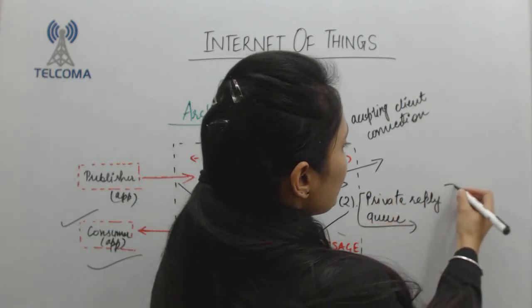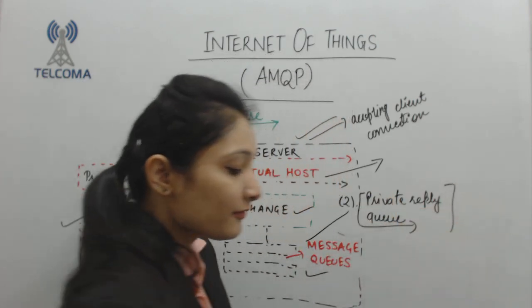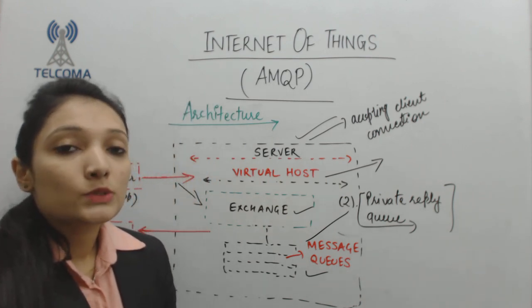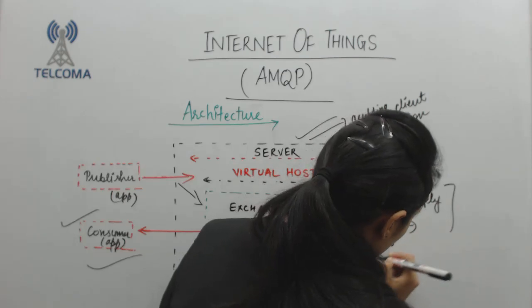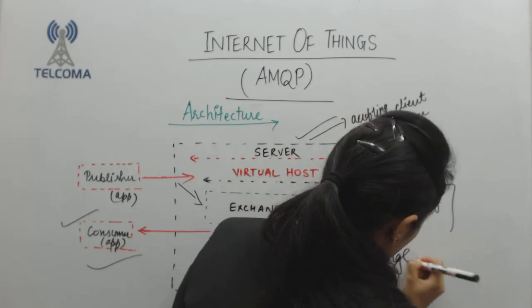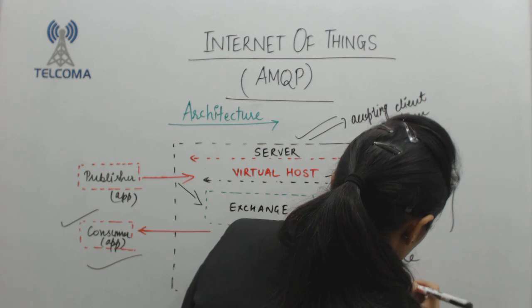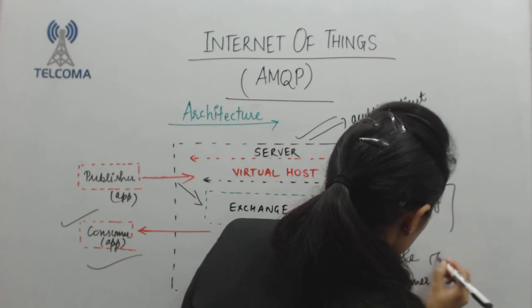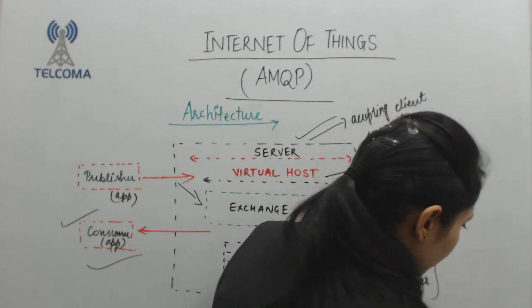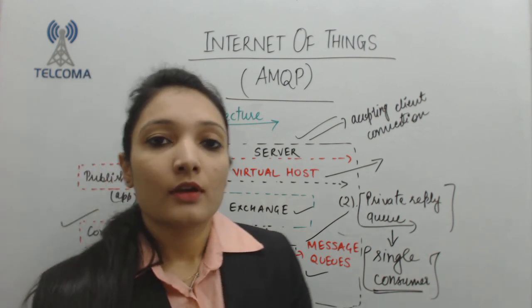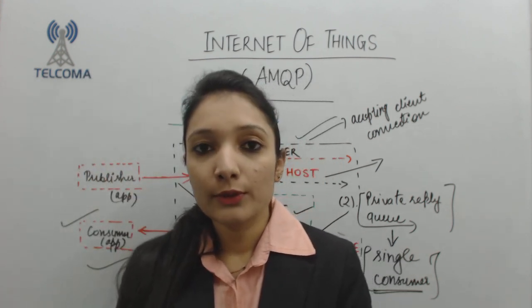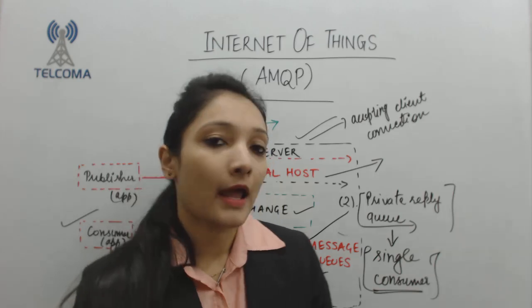It means when you implement a private reply queue, it will have those messages, but it will be forwarding those messages only to a single consumer. Those messages are forwarded only to your single consumer here. So the first one was your shared store and forward queue. The second one is your private reply queue.